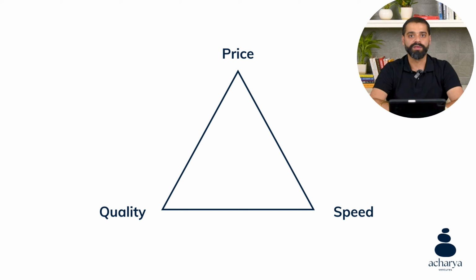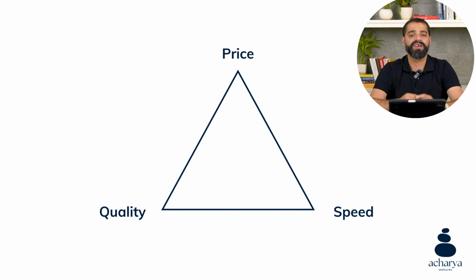What do you compromise on? You have 2 options. Either you can compromise on the quality or you can compromise on the speed. You can go to the local bakery, which might not give you the best quality. Or you could wait for the end of the day when the best bakeries have a 50% discount. So if you want the price, you might have to let go of either the quality or the speed.